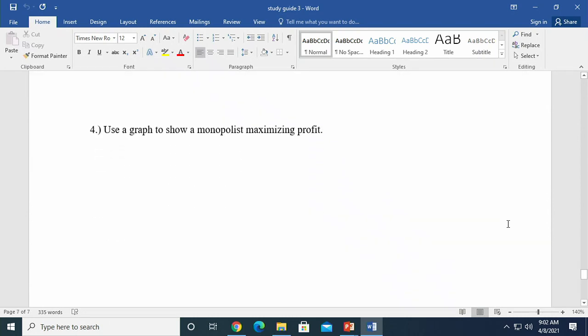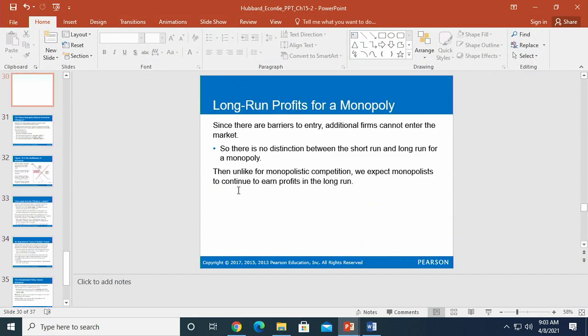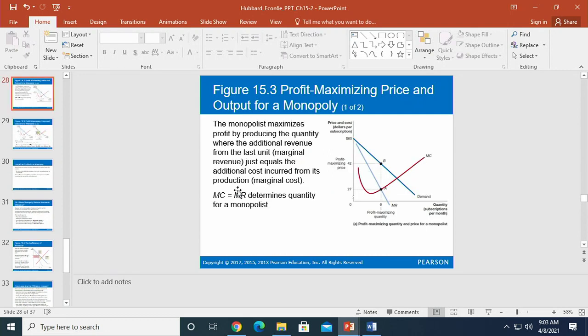For monopolies, you will have to do a graph showing a monopolist where they maximize profit. So what I want you to show is just that basic graph that they're working with.